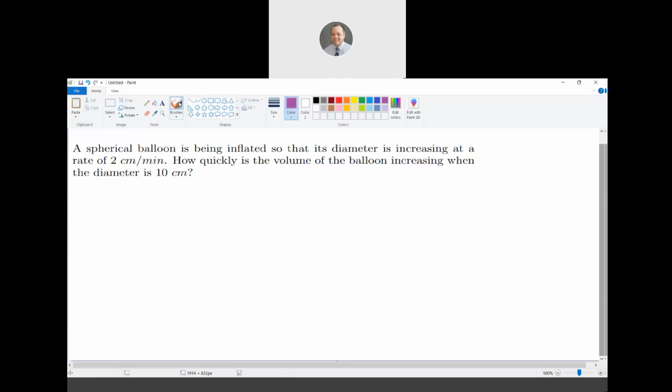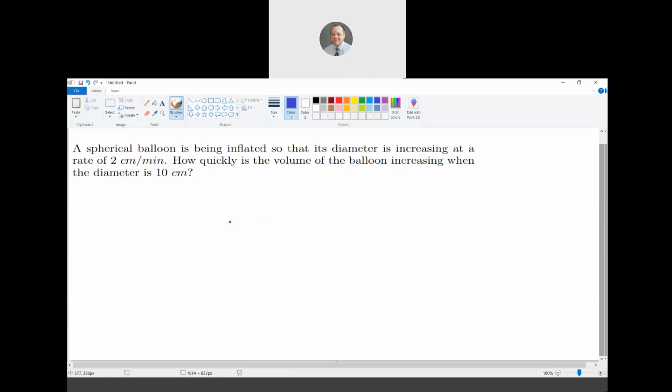A spherical balloon is being inflated so that its diameter is increasing at a rate of 2 centimeters per minute. How quickly is the volume of the balloon increasing when the diameter is 10 centimeters? First thing we need to find is what formula we're going to use.